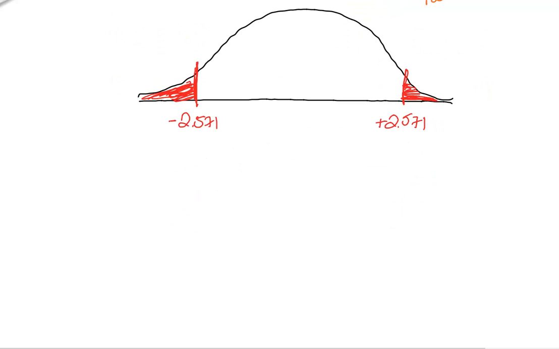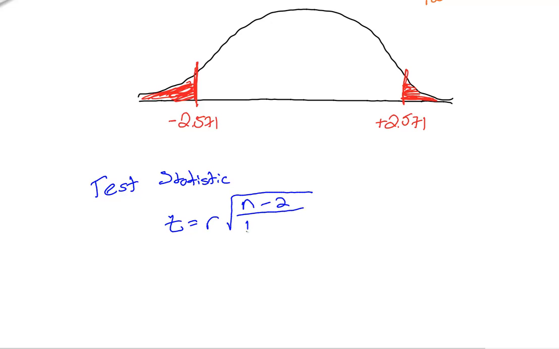Our next step is to do our test statistic, and that is going to be t is equal to r times the square root of n minus 2 divided by 1 minus r squared. Our r is 0.404 times the square root.